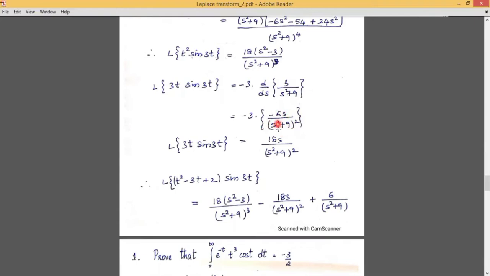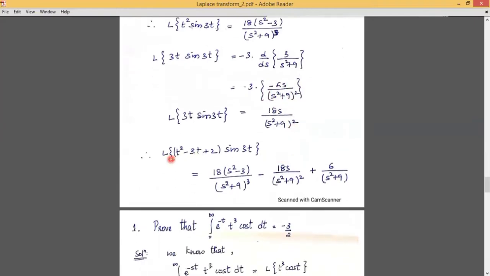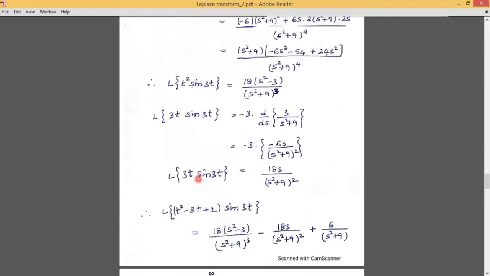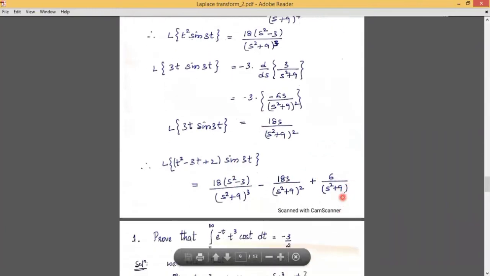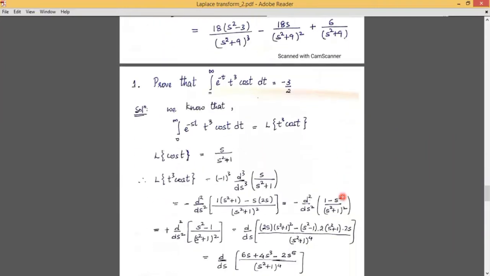So on simplifying, we'll get this. So finally, Laplace transform of t square minus 3t plus 2 into sine 3t will be equal to, see, I have just used all these results in the final equation, and I have written the final solution. Okay. So we'll move on to the next one.